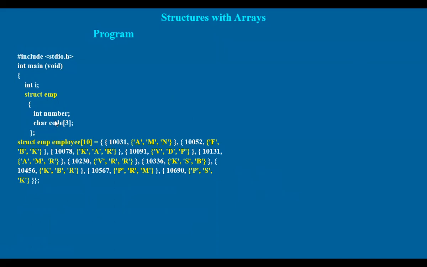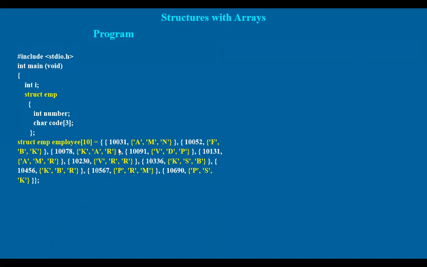I want to store these values here. Now, how? So we have taken employee 10 as an array, and this is one way of declaring the data for these elements. Here we have a character array, and this character is a code, and it has 3 letters.